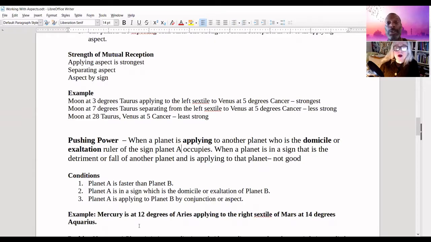So the opposite is true. If sun is in Capricorn and applying to Saturn, that's pushing power. But if sun is in Capricorn and applying to Jupiter, Capricorn being his fall, then he's not giving Jupiter anything good. So this is something to think about.